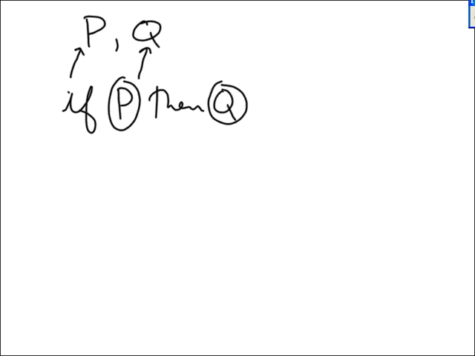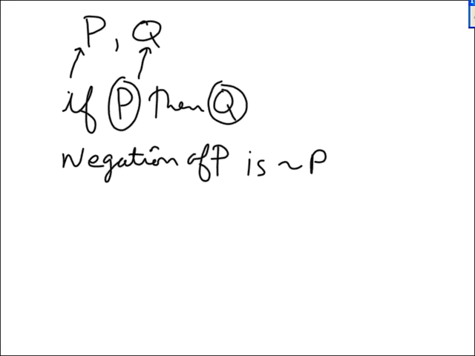Now, what's the negation? For example, what is the negation of P? The negation of P is denoted as not P. The curly symbol in front of P means not.